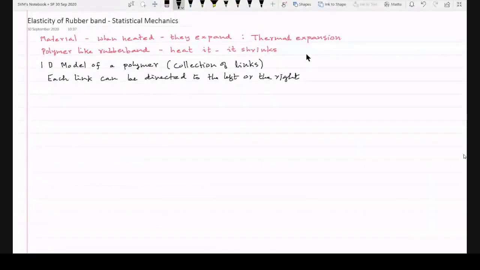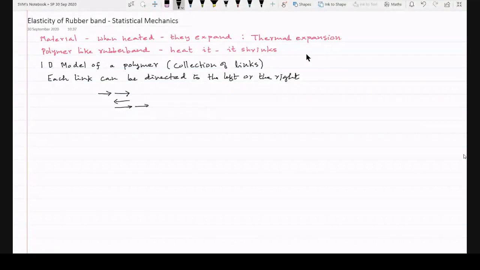For example, let's say there is a link like this, and another link like this, and let's say the third link is to the left, the fourth link is to the right.